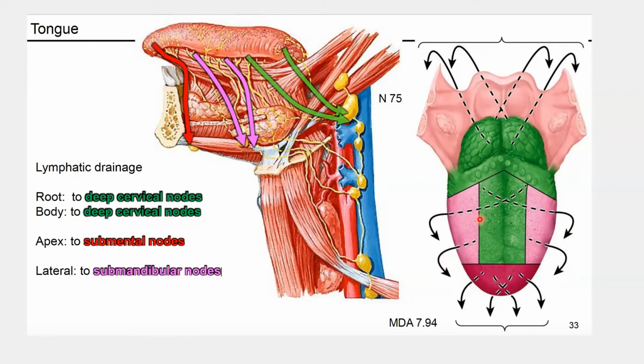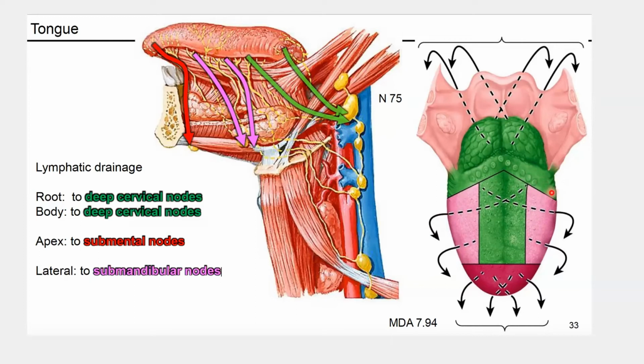And the middle area, the medial area, drains into the submandibular nodes and the deep cervical nodes on both sides, right? So this side is the left side if we are looking at a patient. So this can drain into the deep cervical nodes of the right side and the left side. It's similar on the other side.